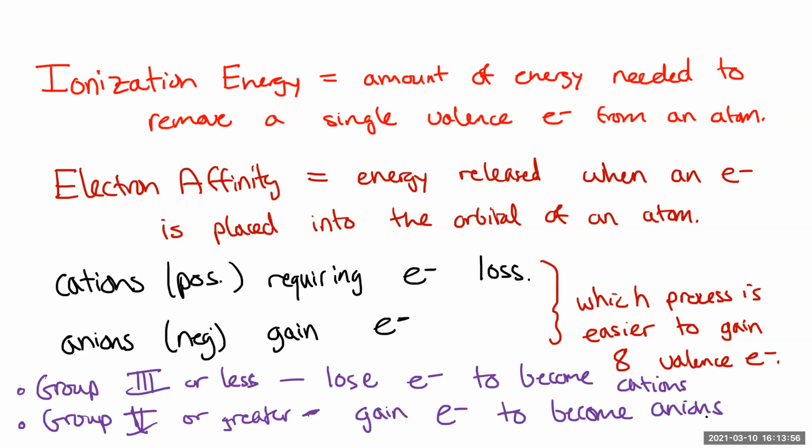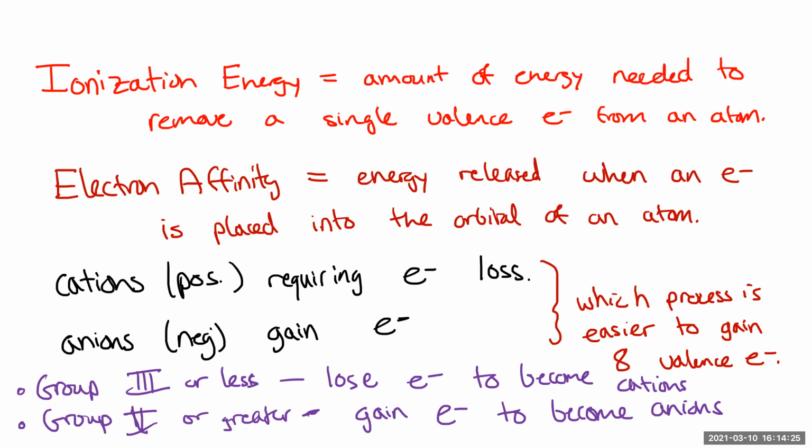So group 1, group 2, group 3, it's energetically more favorable to pull off 1, 2, or 3 electrons to put onto something else, therefore losing those electrons to become a cation, versus group 5, 6, or 7, where it would require the removal of 5, 6, or 7 electrons. It's much easier to pull from somewhere else 3, 2, or 1 electrons to become anions.